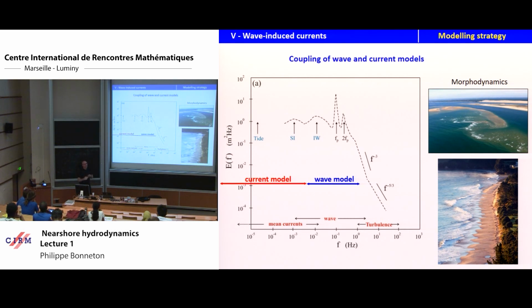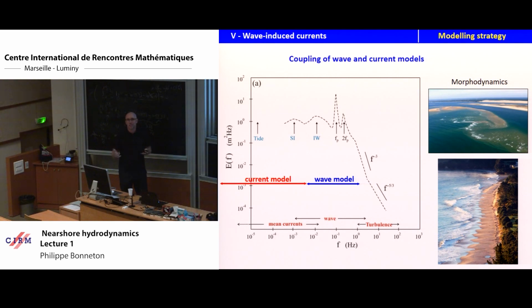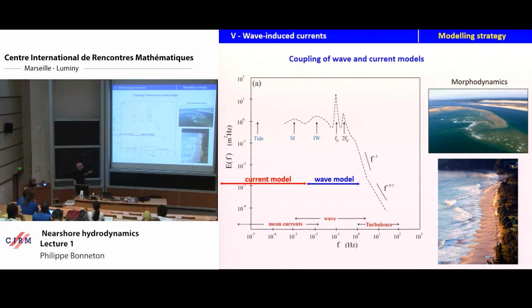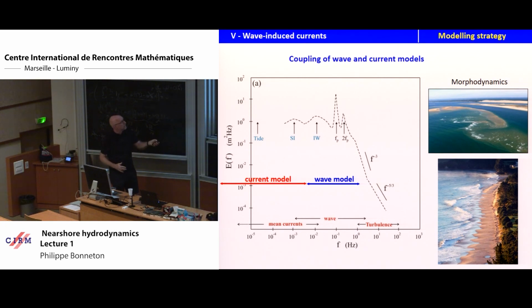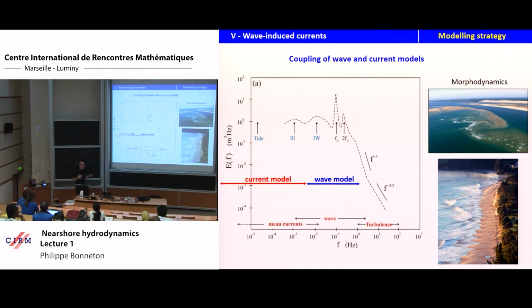So of course a phase resolving model is not suitable. In that case, we use a totally different approach with a large-scale, time average wave model, with the spatial evolution of the energy and the period. And this model forces a circulation model at very large scale.